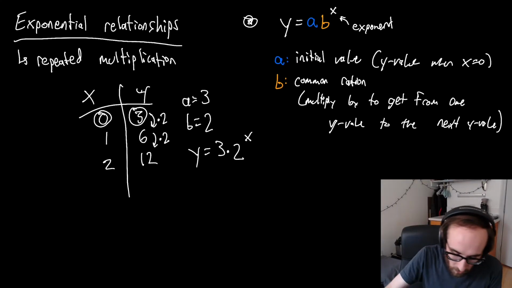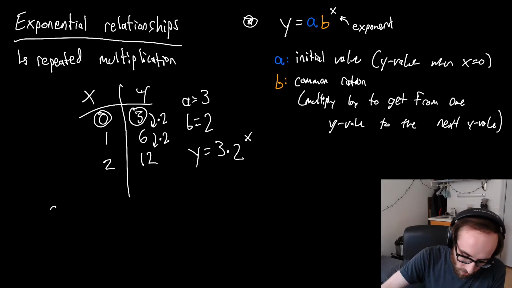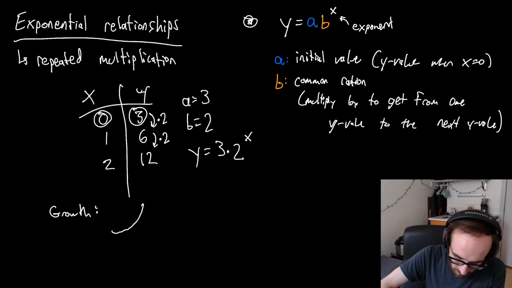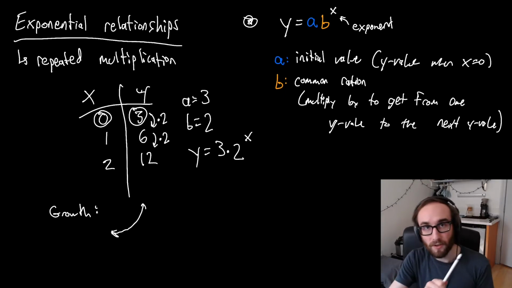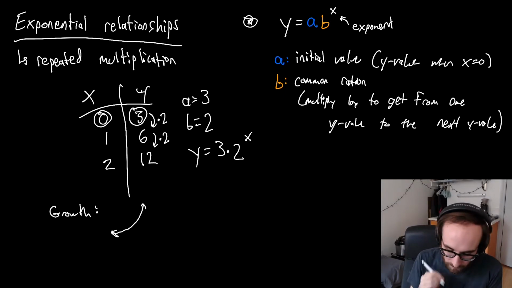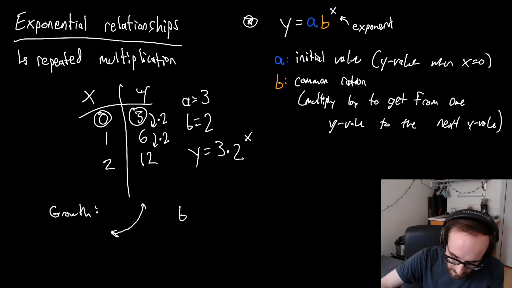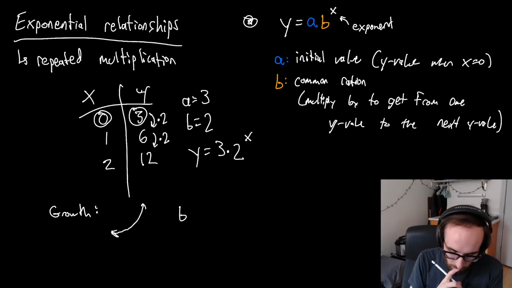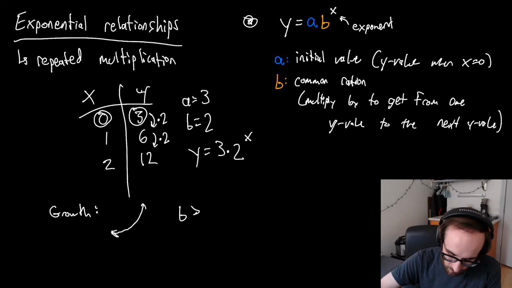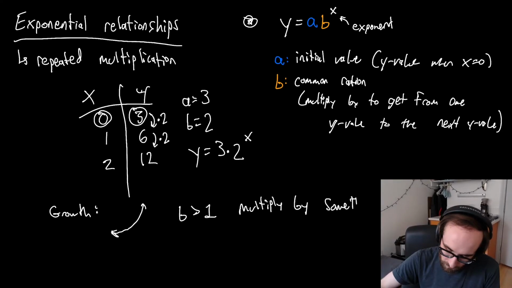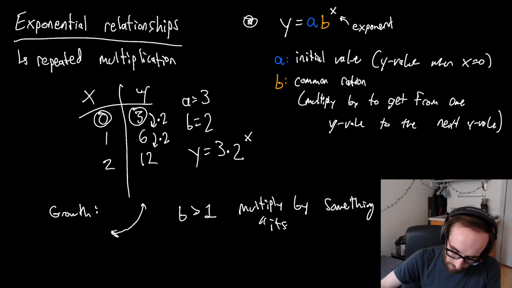Okay, one quick note: there are two types of exponential relationships. There's exponential growth. These types, you'll see a curve like this, so a curve that's going up. And this happens when b is greater than 1, because we multiply by something greater than itself.